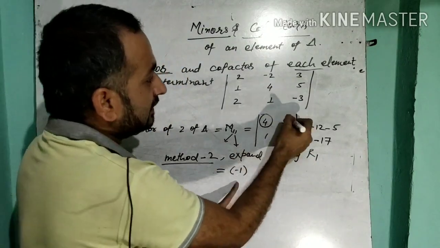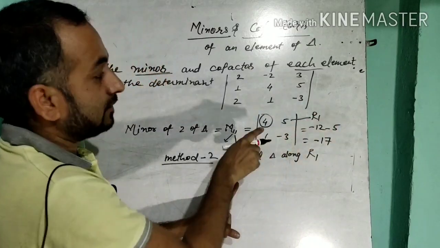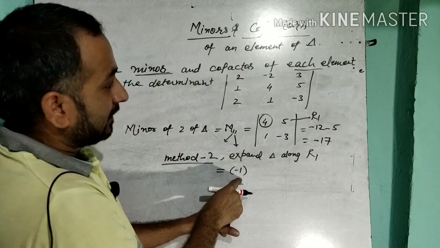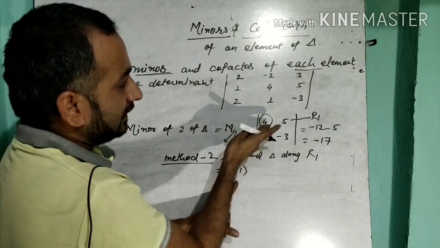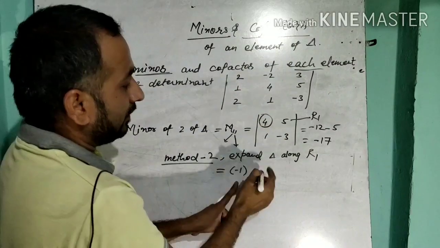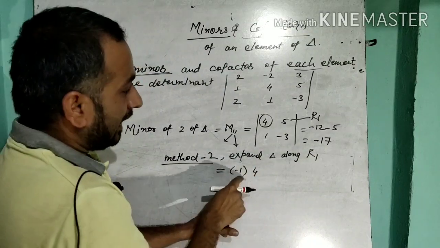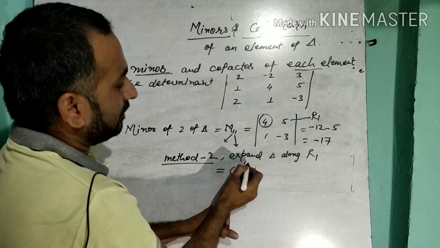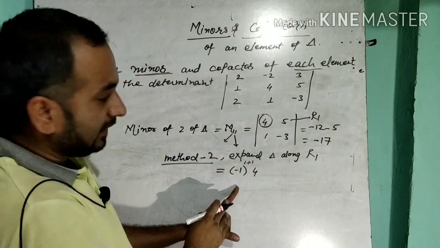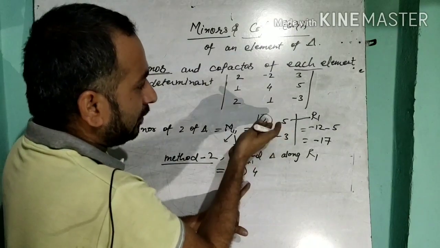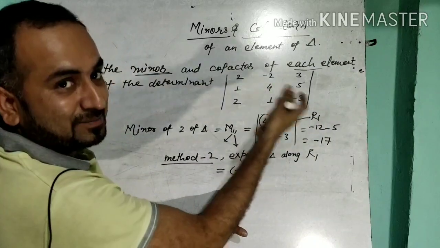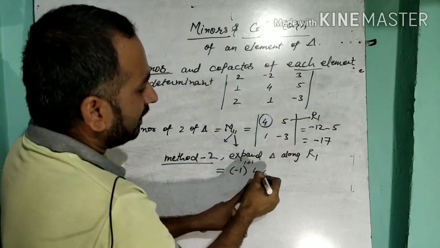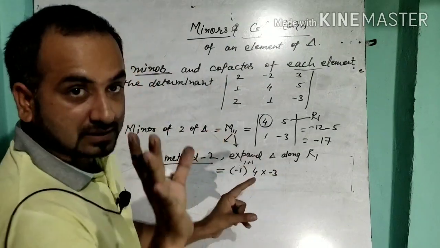Row 1 means this row, where the elements are 4 and 5. So -1 to the power, here I have taken 4. And 4 lies on the first row and first column, so this becomes 1 plus 1. If you remove the first row and first column, same as the minor, you will get minus 3. Is it clear to you?